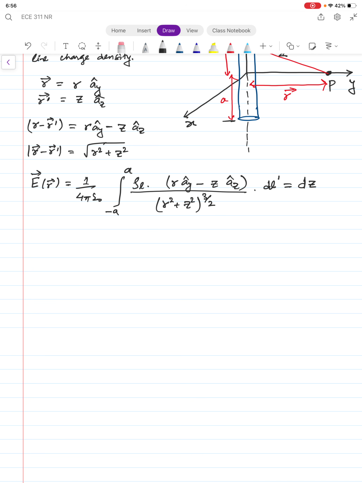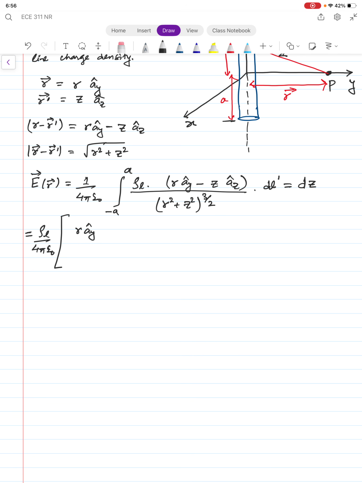So let me start by separating the terms, over 4 pi epsilon 0, and let me put a big bracket. I think that will be easier.